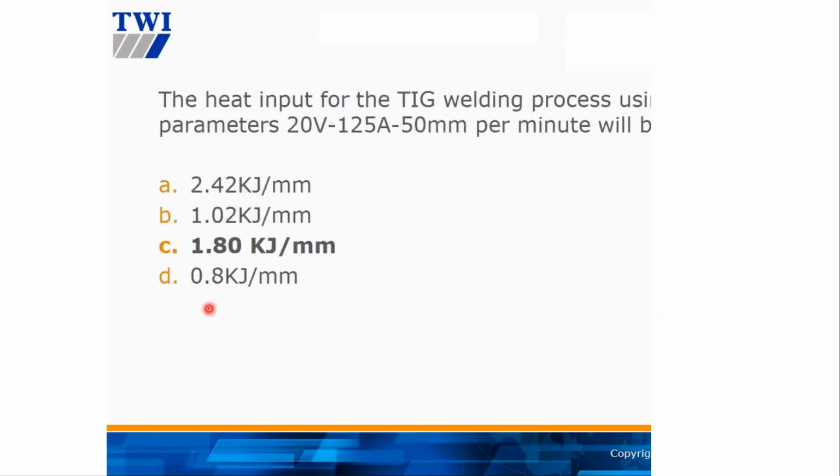All right, number 2, TIG using parameters 20 volt, 125 amps, 50 millimeter per minute, but now they ask for heat input. Then the K factor here for TIG is 0.6.